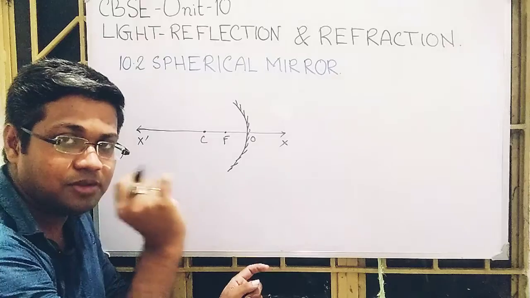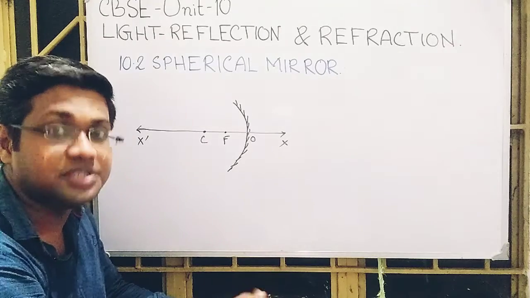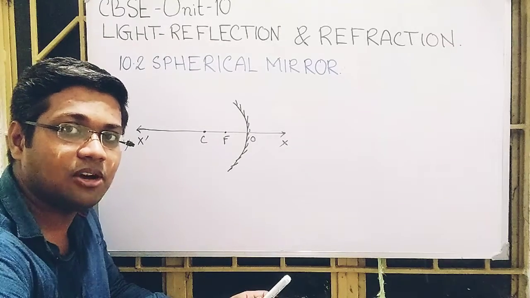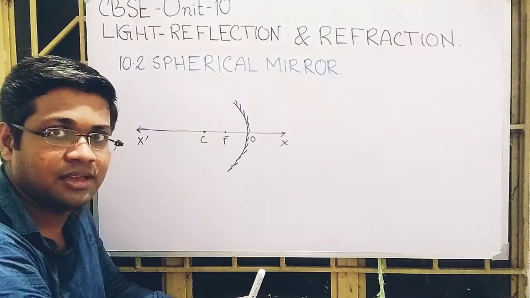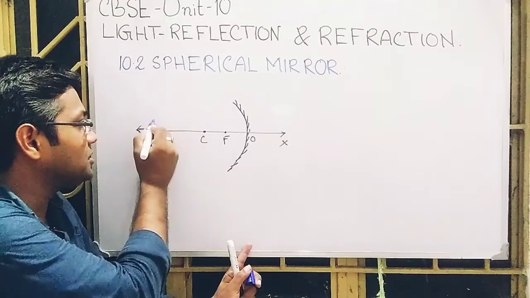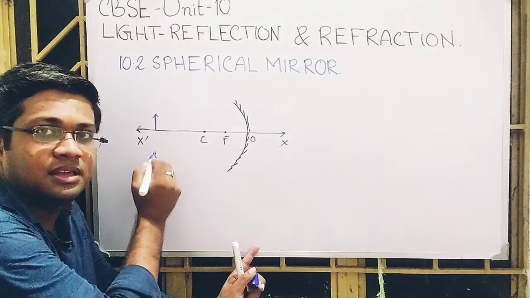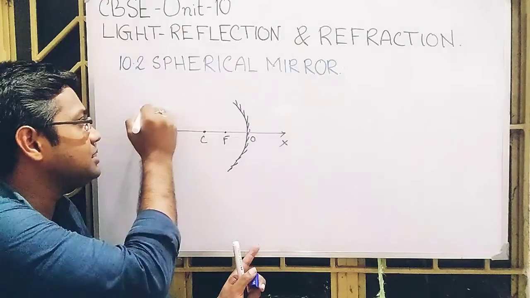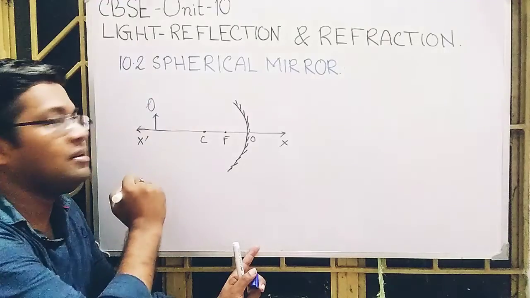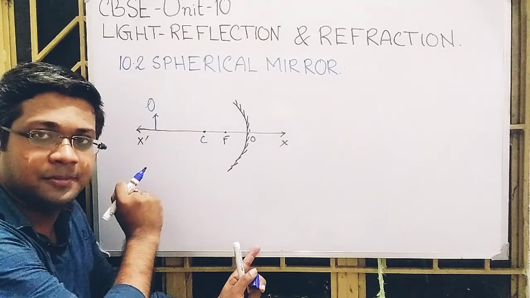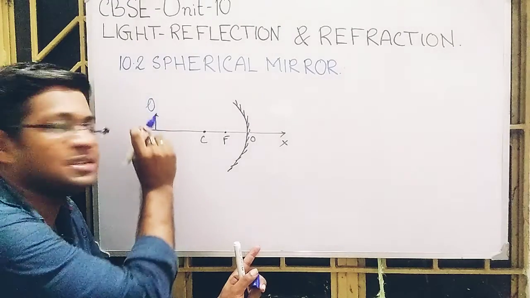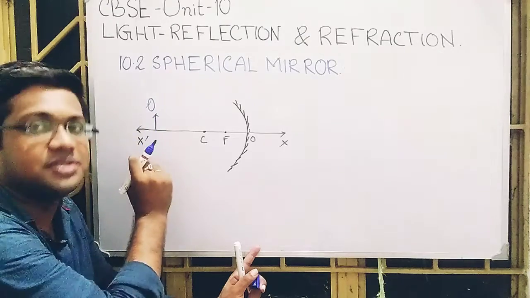If I want to place an object, where should I place it? I can place the object here. Here you can see the object, we can make a curvy italic O here. This thing is called the object.